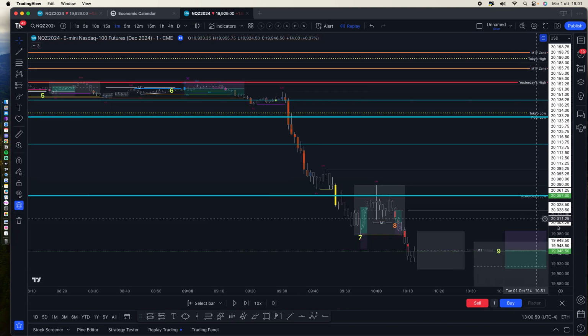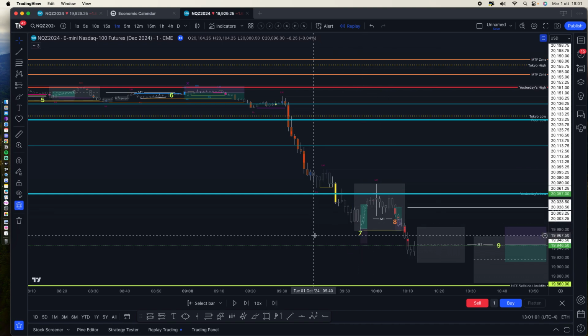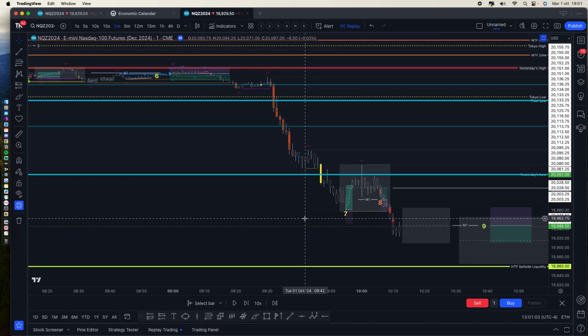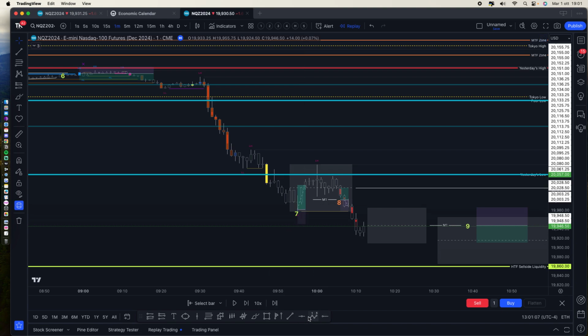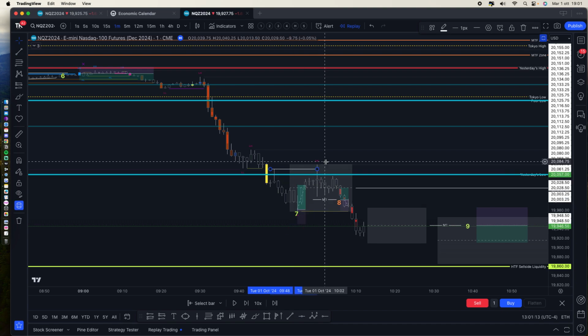I thought that this was a very good trend reversal pattern, but the reason for which I told you it is a mistake is because we don't have a breakout structure.